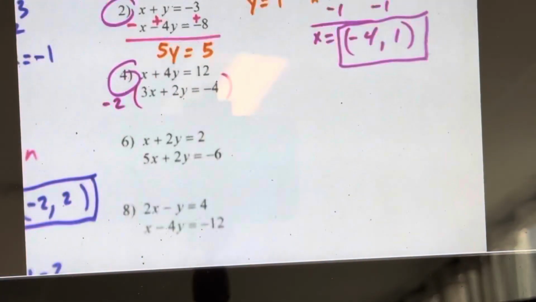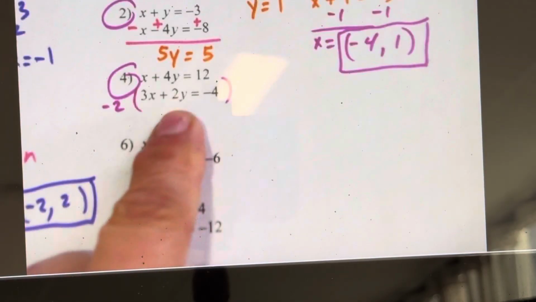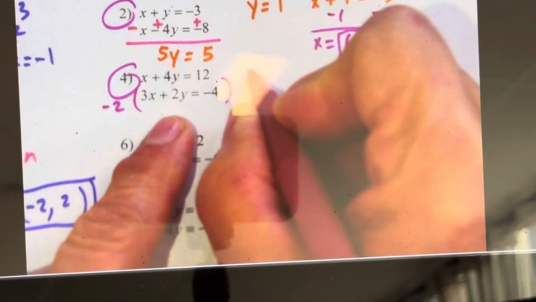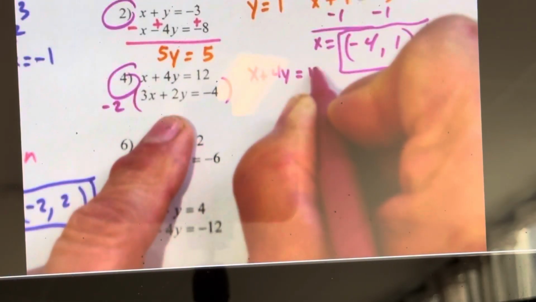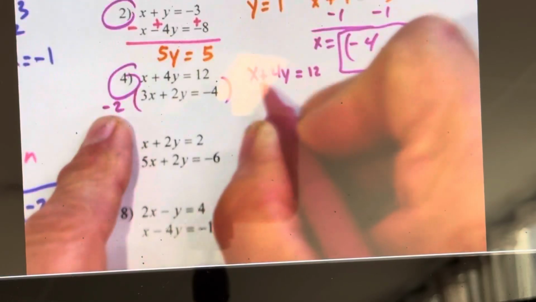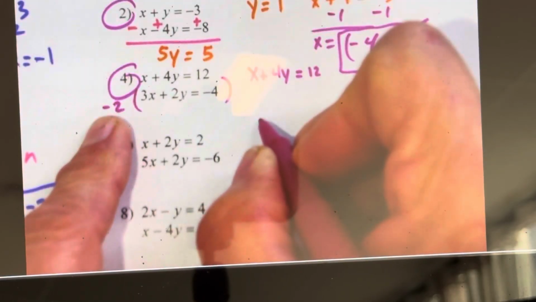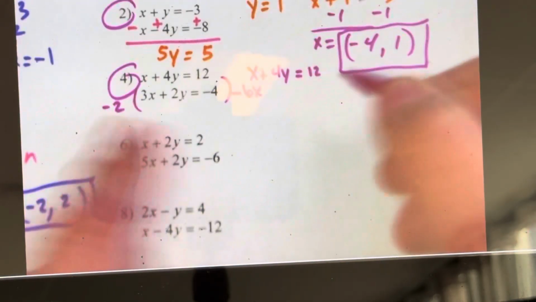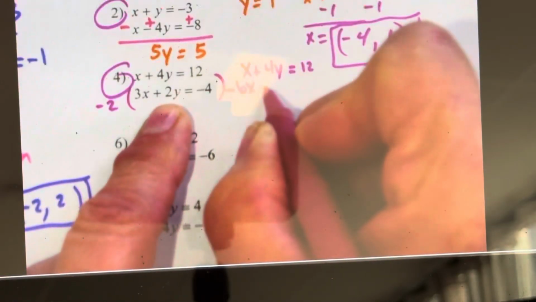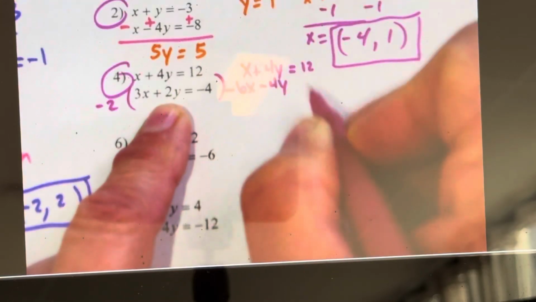Only because 12 times 3 gives you 36. It's just a larger number. Totally doable though. So I'm going to rewrite my top equation. And then 3 times negative 2 is negative 6x. Negative 2 times 2y is negative 4y.